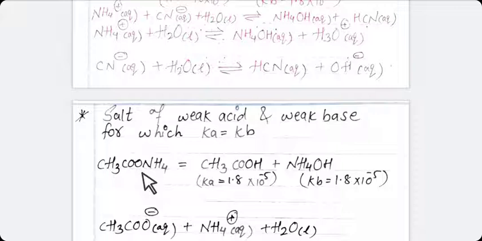Ammonium acetate is made from acetic acid, a weak acid, CH3COOH, having Ka equal to 1.8 × 10^-5, plus ammonium hydroxide having Kb equal to 1.8 × 10^-5.